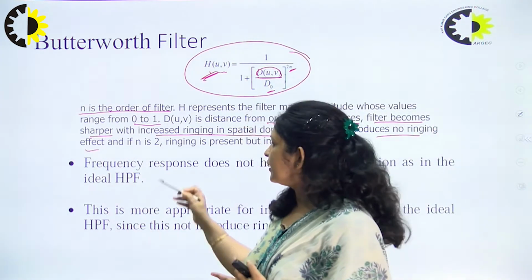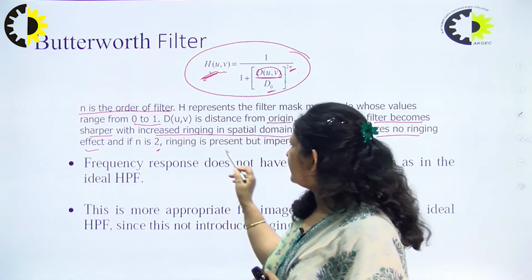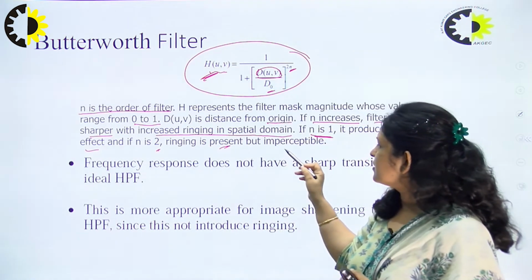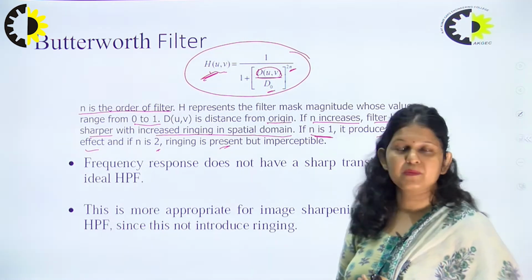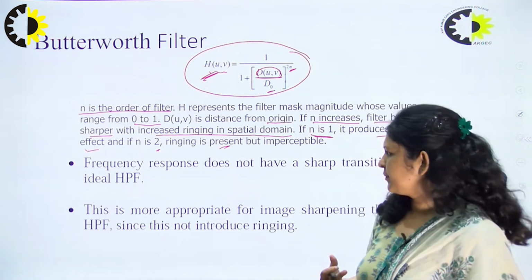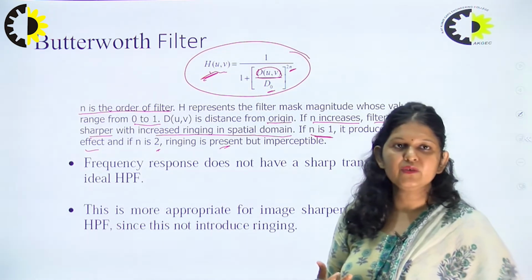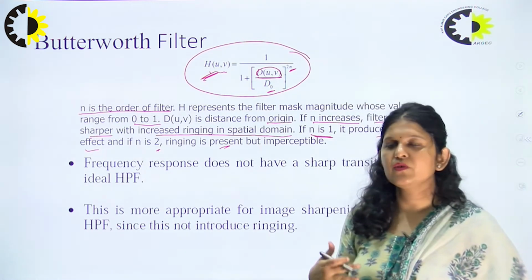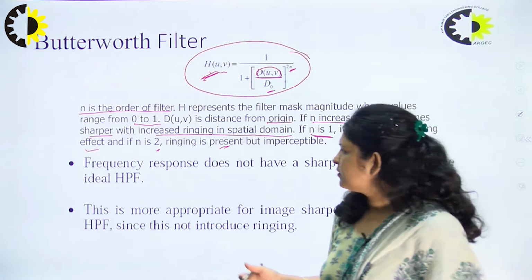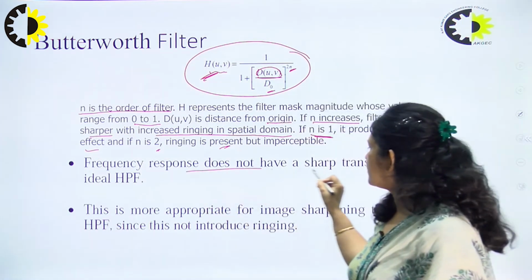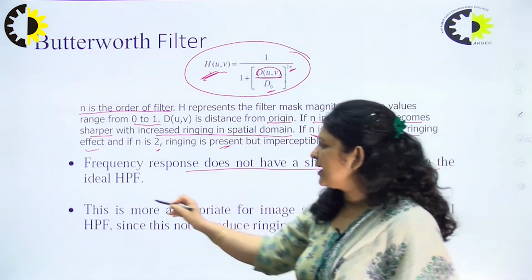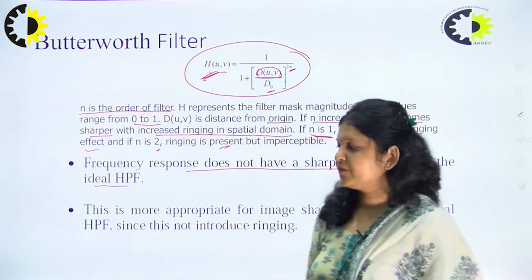And if we take 2n, then ringing is present, but it's imperceptible, not too much. Beyond that we avoid taking larger n values, we take a smaller n so that we could get good results. So the frequency response does not have sharp transitions as in the ideal high pass filter.